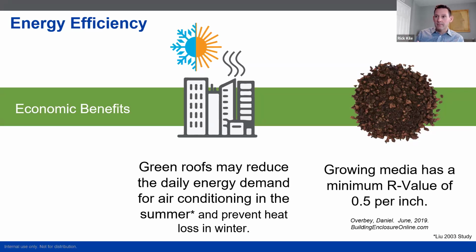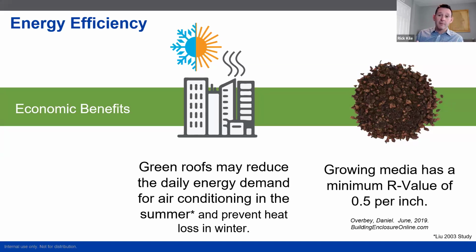So to get back to the insulation value and the potential reduction in energy usage. One of the most popular questions we get is actually about growing media. Can the vegetated roof assembly count towards my insulation value requirement for the project?